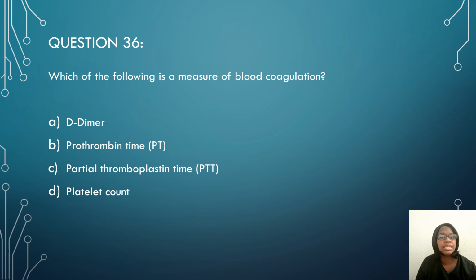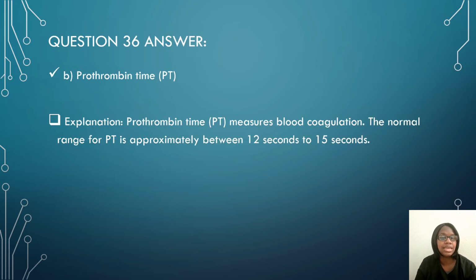So, which of the following is a measure of blood coagulation? I'll give you a few seconds since I'm sure the PT and the PTT terms can be a little confusing. PT, this is going to measure the blood coagulation.